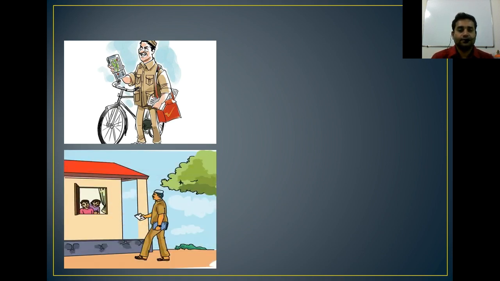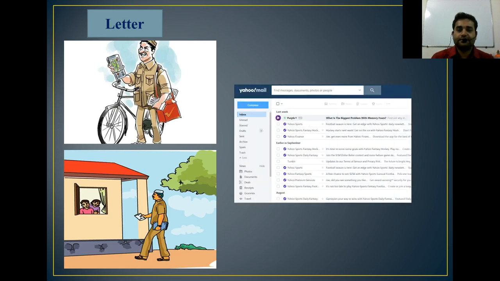What does he do? He delivers different kinds of letters, money orders, parcels in our home, and he goes door to door. Actually, he is very much known for serving us giving letters. So he delivers us letters from our relatives, friends, and others. But nowadays, it has become the modern letter, and it is called email.